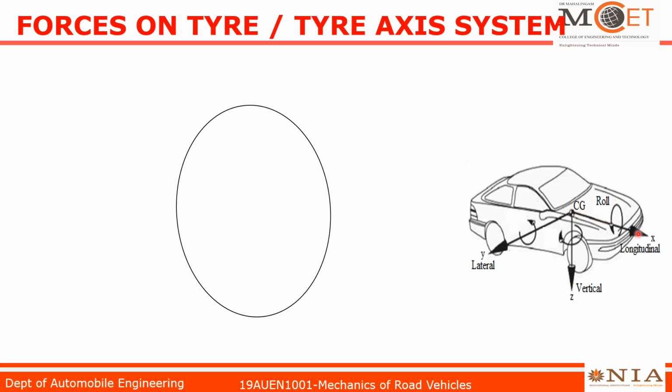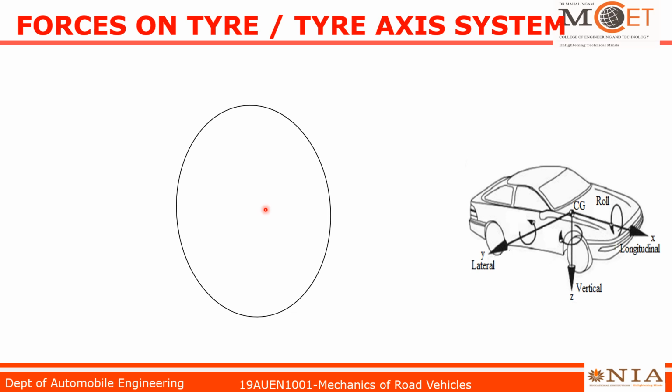Towards the front wheel we take positive X, that is the longitudinal direction. Towards the right wheel, positive Y, lateral direction. Top to bottom, positive Z, that is the vertical direction. This vehicle axis system is used in the tire, so it becomes the tire axis system to describe the forces and moments acting on tires or wheels.